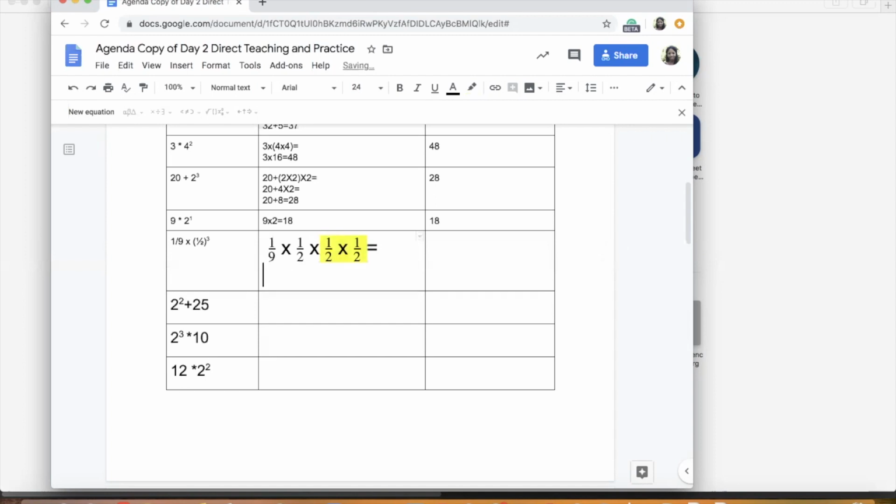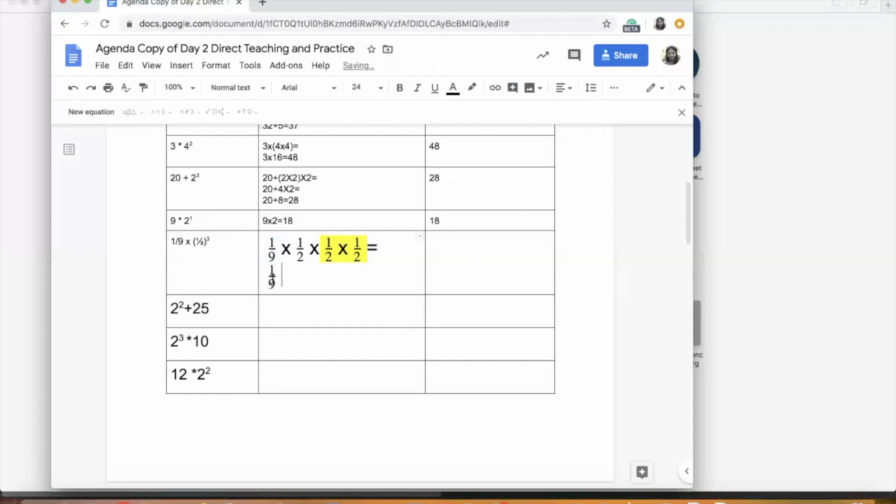So I'm going to hit enter now, and I'm going to rewrite 1/9 by highlighting it and hitting Command C on my Mac or Control C on my Dell, and then paste it by hitting Command V on my Mac or Control V on my Dell. Then I'm going to copy 1/2 again.